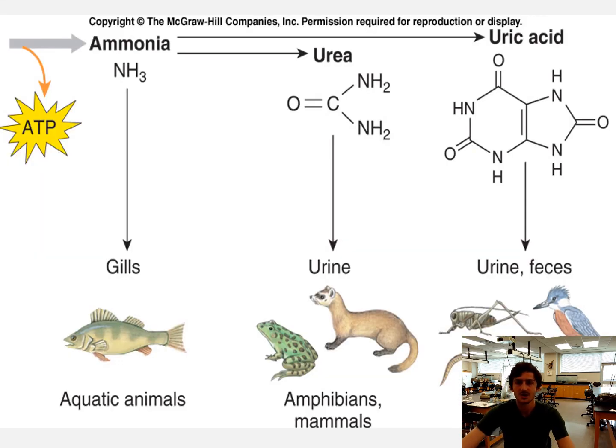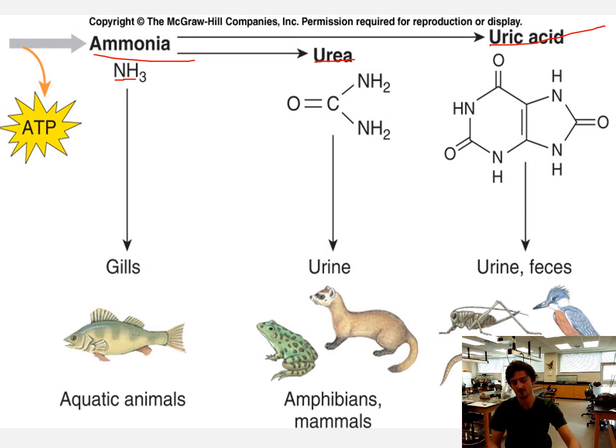So I keep mentioning ammonia, urea, and uric acid, but we really haven't talked about what they are. Ammonia is this really basic structure here, made of 1 nitrogen atom and 3 hydrogen atoms.